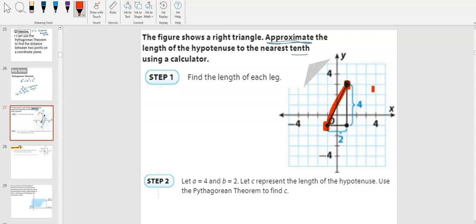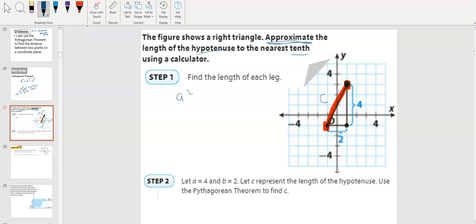I need to know the distance between those points because it is not perfectly on a line on my coordinate plane. I cannot tell how long it is. If I count diagonals or anything, that doesn't work. So what I need to do is use the Pythagorean theorem. Given 2 sides of a triangle, I can find the missing third side. This is the hypotenuse, which means that the thing I'm missing is C.